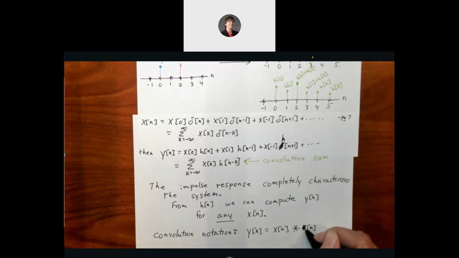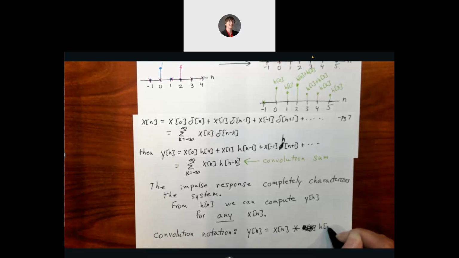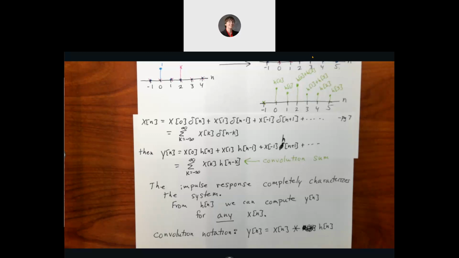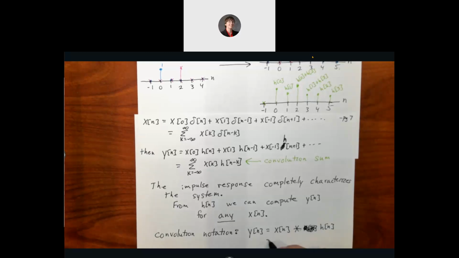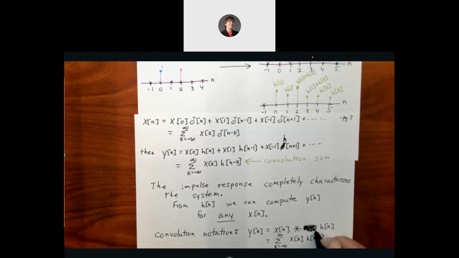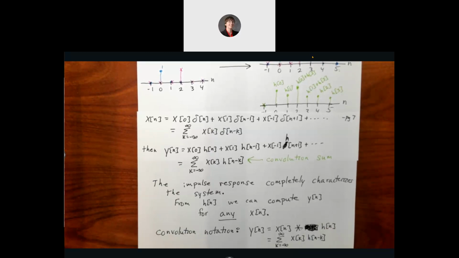So when you see that asterisk in between two signals, if it's this discrete time case, what this means is this convolution summation. Right.